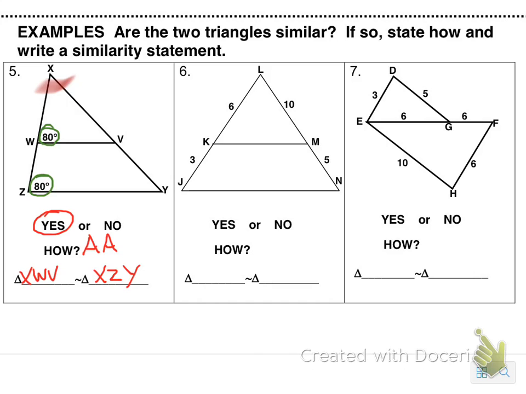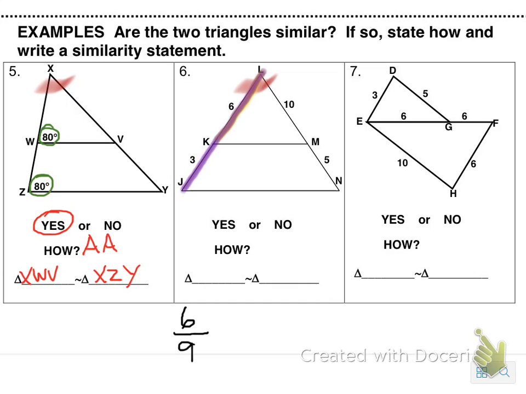is the SAS, because we are given information about the sides of these triangles. But notice, we can write some ratios with the sides. So the segment LK has a length of 6, and it corresponds to the side of the larger triangle LJ, which has a length of 6 plus 3 or 9.